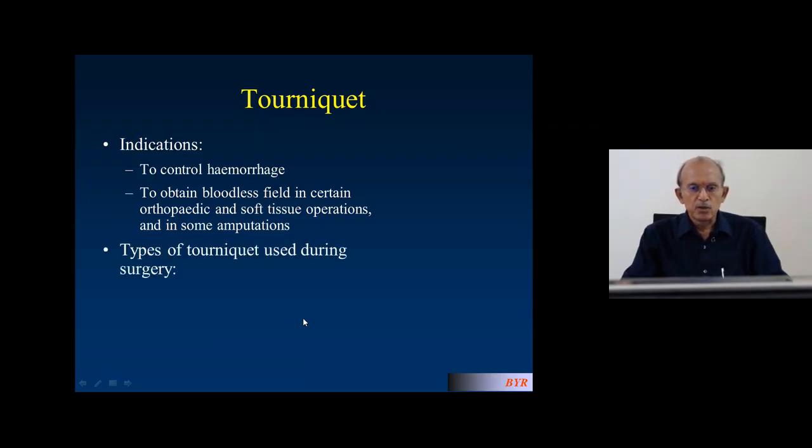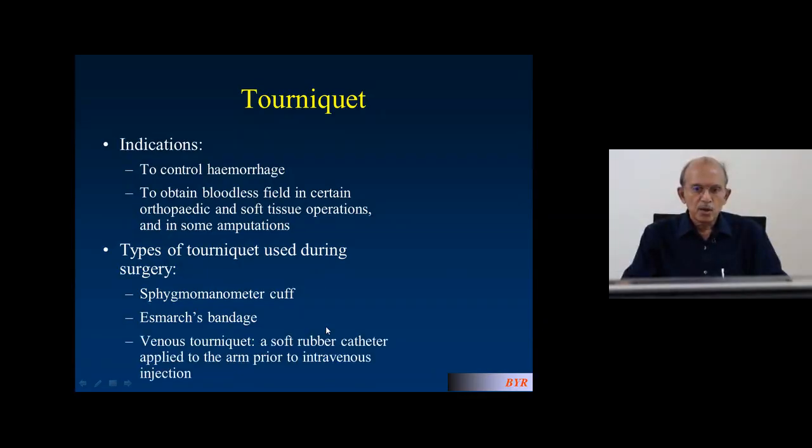Types of tourniquet used during surgery: sphygmomanometer cuff, Esmarch bandage, and venous tourniquet, a soft rubber catheter applied to the arm prior to intravenous injection.